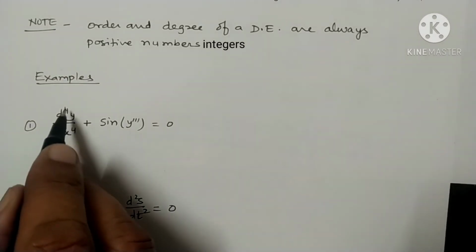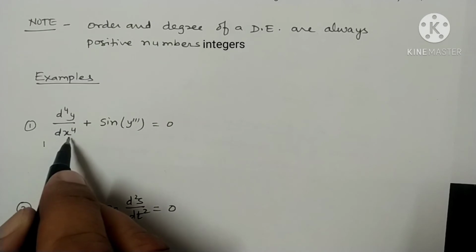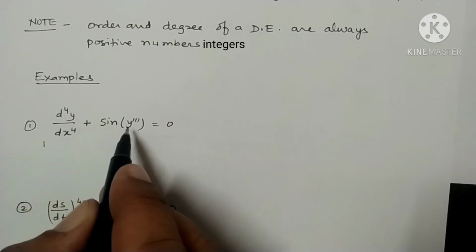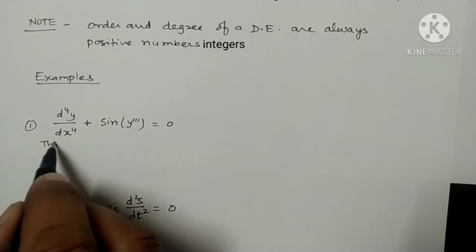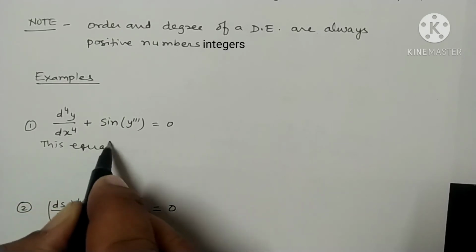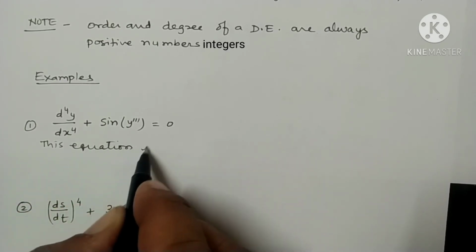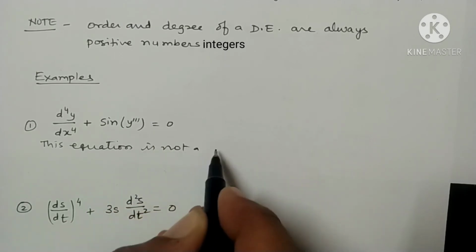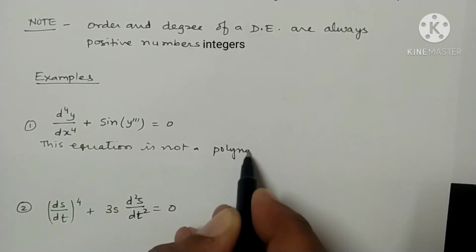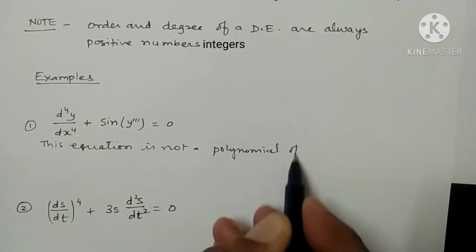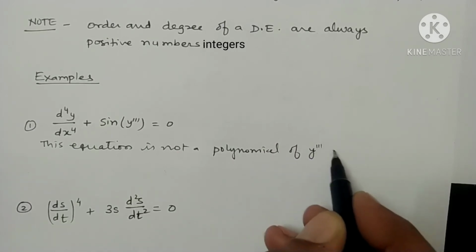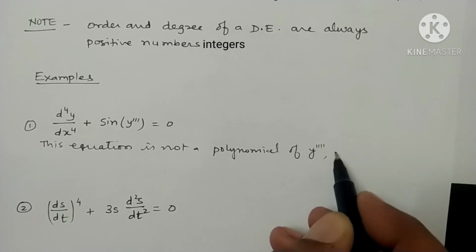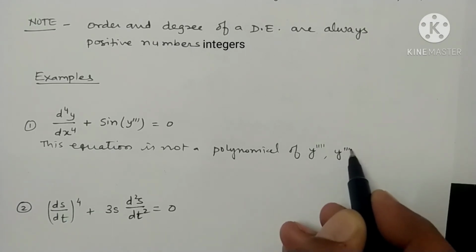This equation, d power 4 y upon dx power 4 plus sine y triple dash equal to 0, is not a polynomial of y 4 dash and y triple dash.